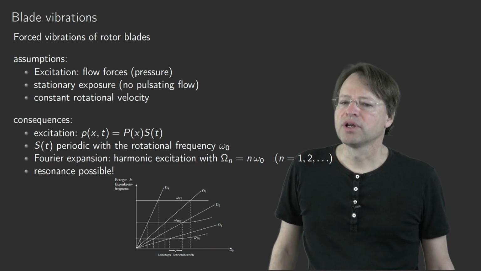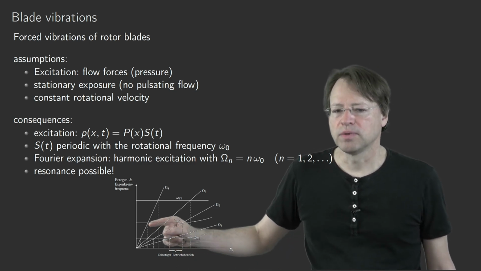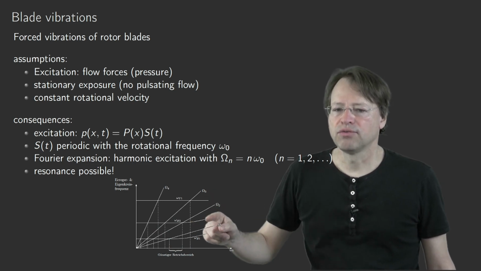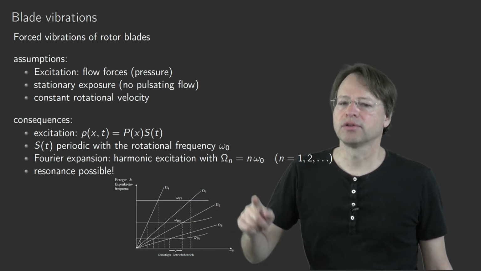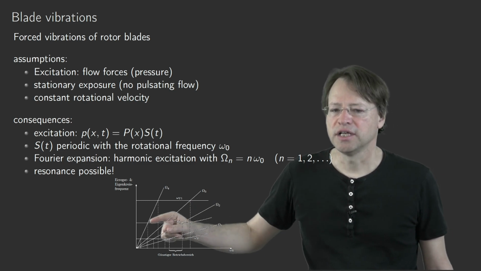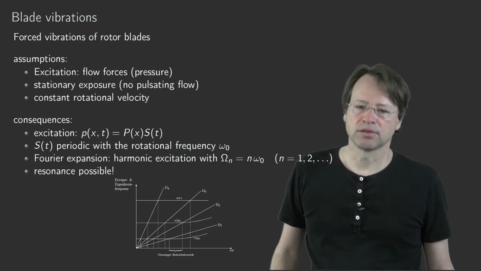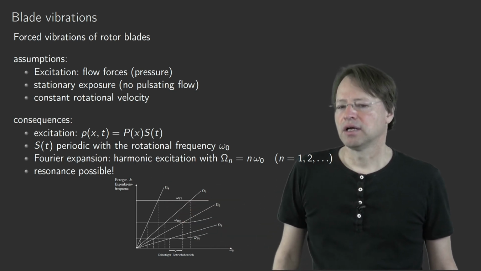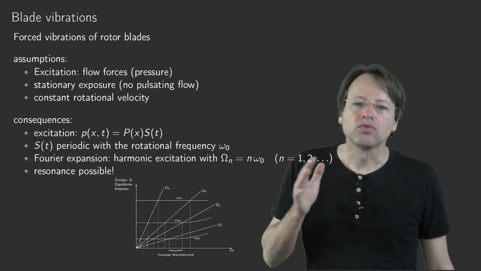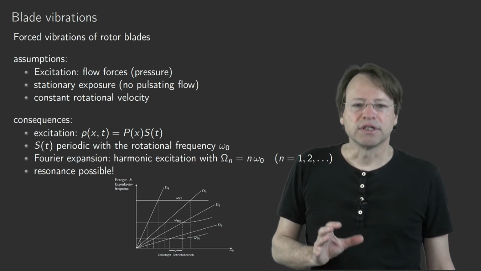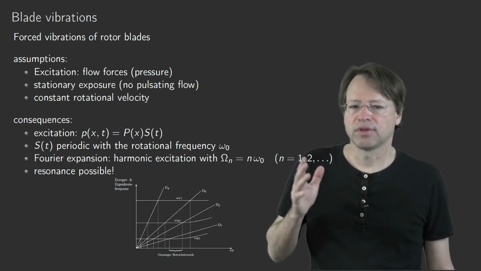Well, what can be said now about this diagram? If we look at points where the natural frequencies and one of these frequencies belonging to the harmonic excitation intersect, then you will find possible resonances. These resonances lead to an increase in amplitude, but not always to dangerous situations if they are well damped.